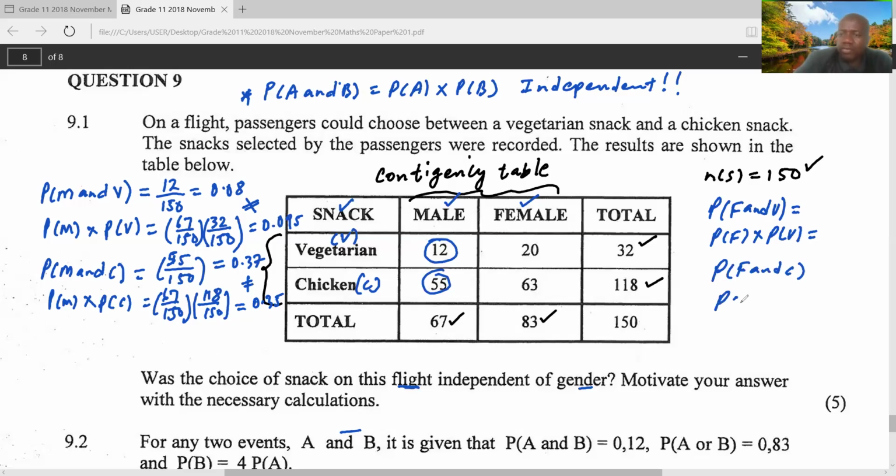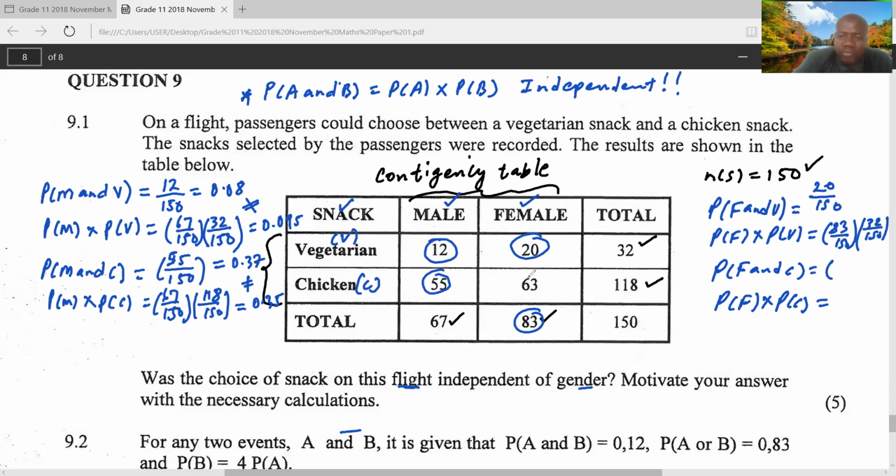Female and vegetarian is only 20, so it's 20 out of 150. Female only is 83 passengers, so 83 out of 150. Then vegetarian, which we calculated there, is 32 out of 150.